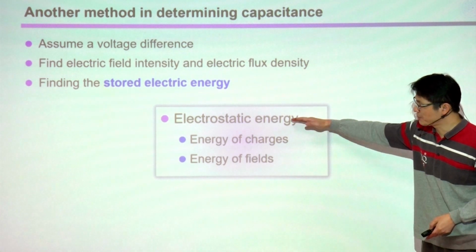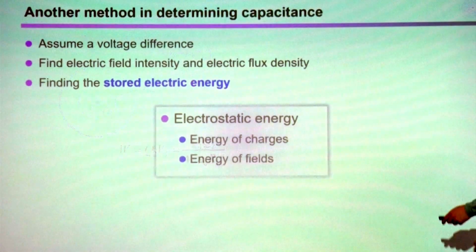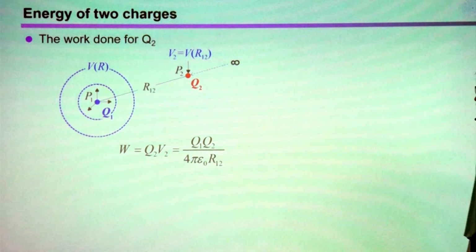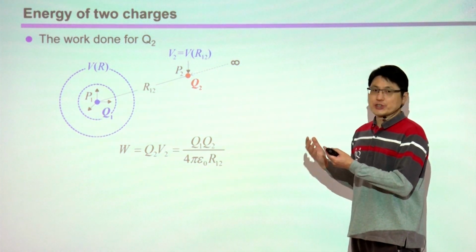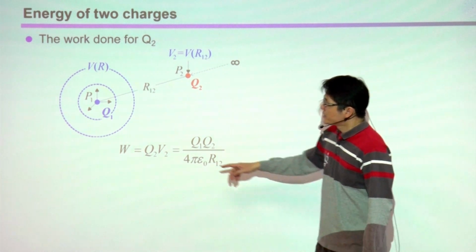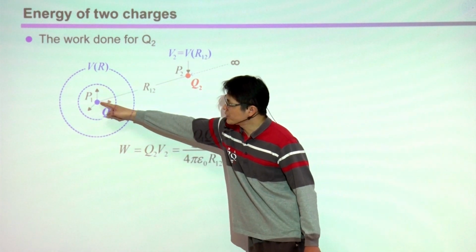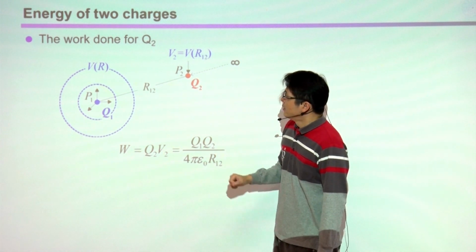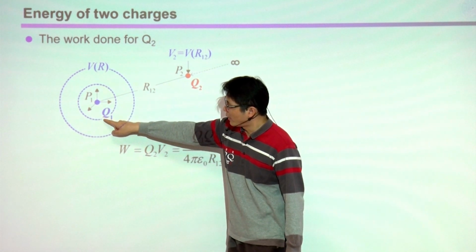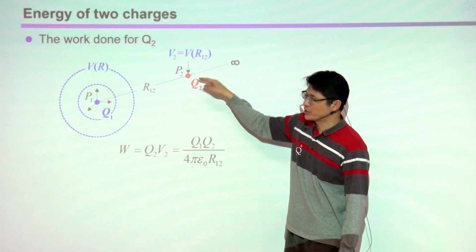Alright, so we're going to talk about two different cases. So the first thing, we're going to look into the energy stored for charges. So here, I have two charged particles, right? I have charged particle 1 and charged particle 2.